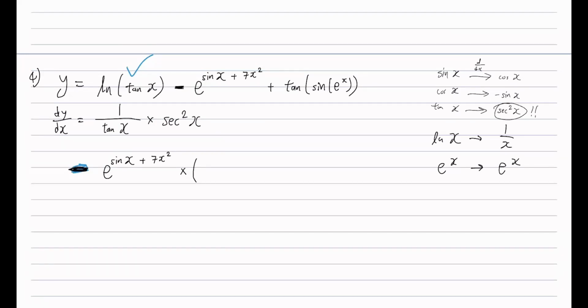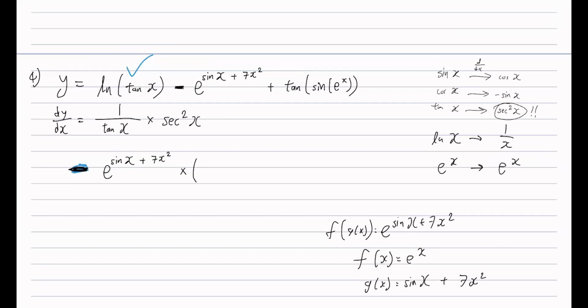Wrong. No. This is e power x. It stays the same, but the x got replaced with an inner function. Think of e to the sine x plus 7x squared as a composite function, f of g of x, where f of x is e power x, g of x is sine x plus 7x squared.